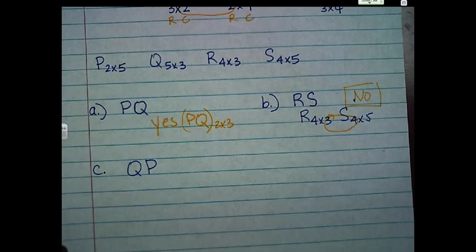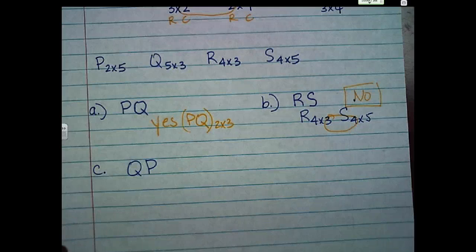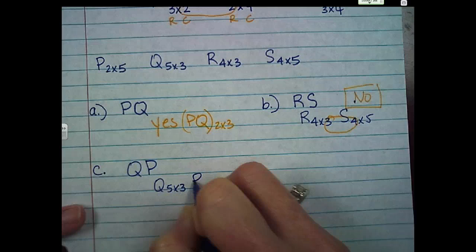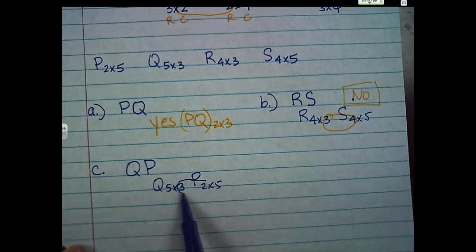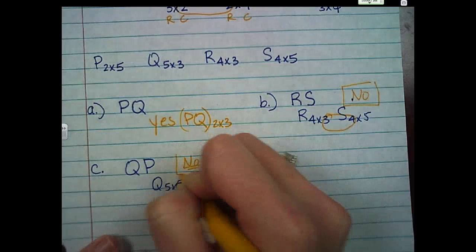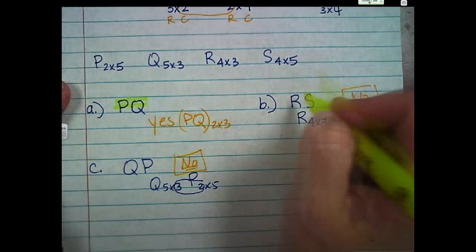It's different. Order matters here. So what do you think about it? Yes or no? No. No, because Q is a 5 by 3 and P is a 2 by 5. So in that order, you have a 3, 2. So the answer to that is no. I'll highlight these so you can see the original problem.